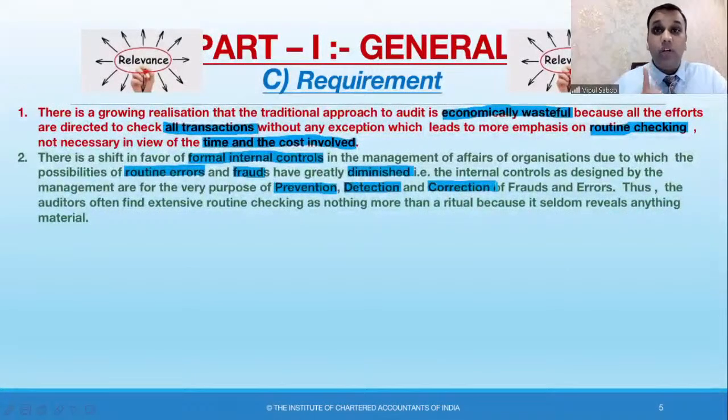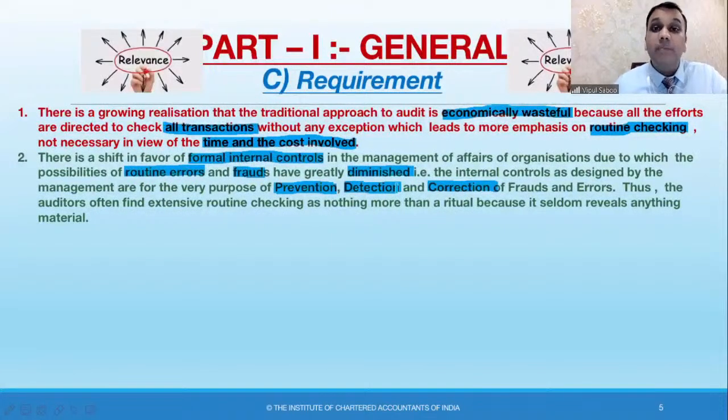The first requirement would be to prevent the fraud, to let it not happen. But if it has occurred, to detect it. This is a big challenge again.